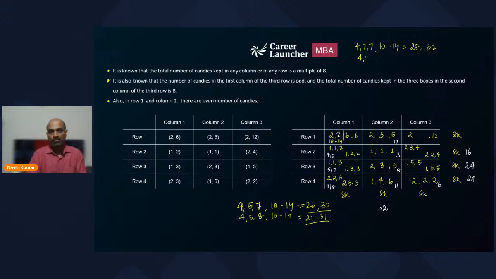Okay, what if I take 4, 7 and 8 and 10 to 14? So obviously we can see we have increased it by 1. So 29 to 33, this is also possible. So can we say from here that 7 is a permissible value, right? 5 was not possible. But it's not only that value, it's related to 4 also.